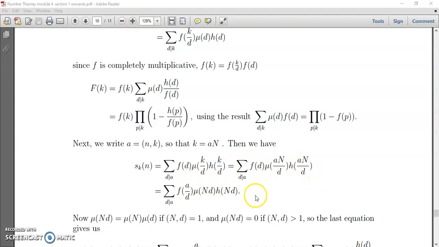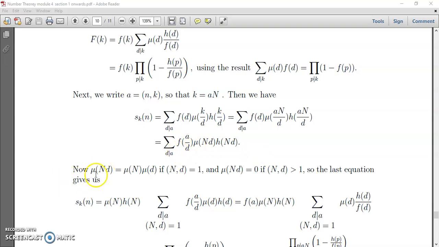Now again we will use the property of convolution of the Dirichlet function, that is, here d is replaced by a/d and (a/d)/d. So we will get Σ_{d | a} f(a/d) μ(Nd) h(Nd). Now μ(Nd) is equal to μ(N)μ(d) because μ is multiplicative.